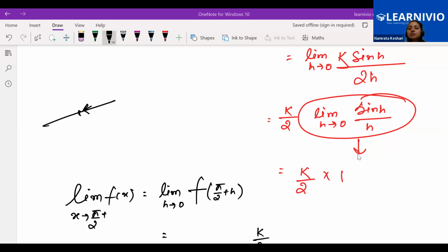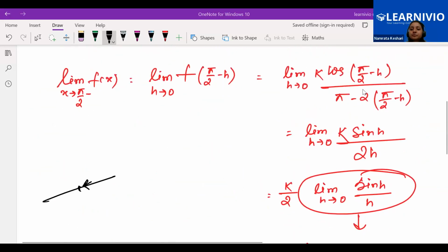Let me show you. Instead of pi by 2 minus h, you will be having pi by 2 plus h, right? Yes, ma'am. Cos of pi by 2 plus h is what, Fatima? Minus sign. Exactly, minus sign.